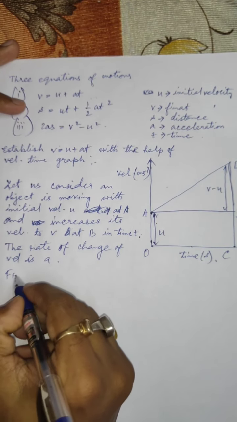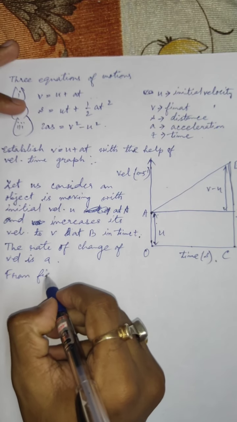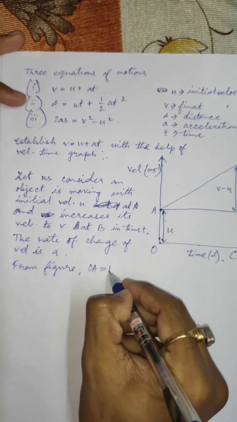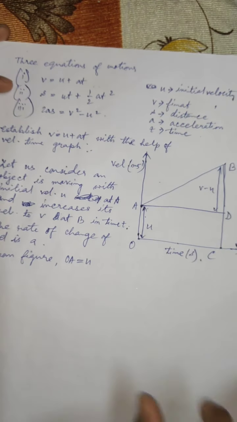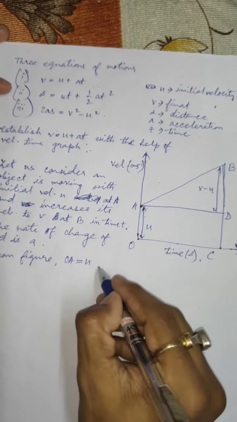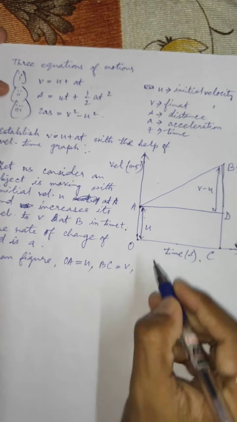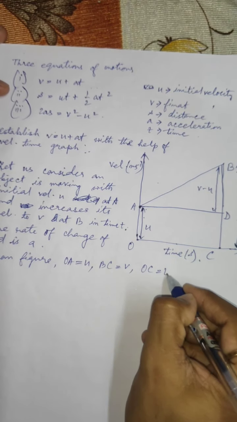So from the figure we can write OA equal to u, BC equal to v and OC equal to t.